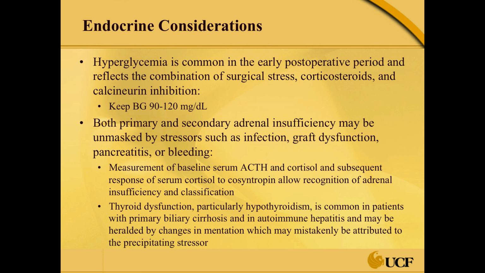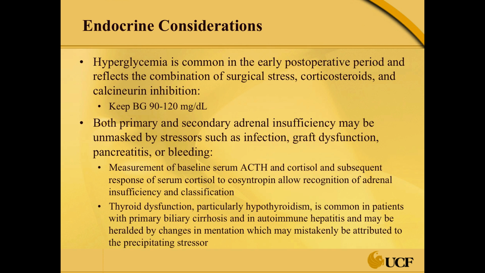Both primary and secondary adrenal insufficiency may be unmasked by stressors such as infection, graft dysfunction, pancreatitis, or bleeding. So measurement of baseline serum ACTH and cortisol levels and subsequent response of serum cortisol to cosyntropin, I should say, allow recognition of adrenal insufficiency and classification.